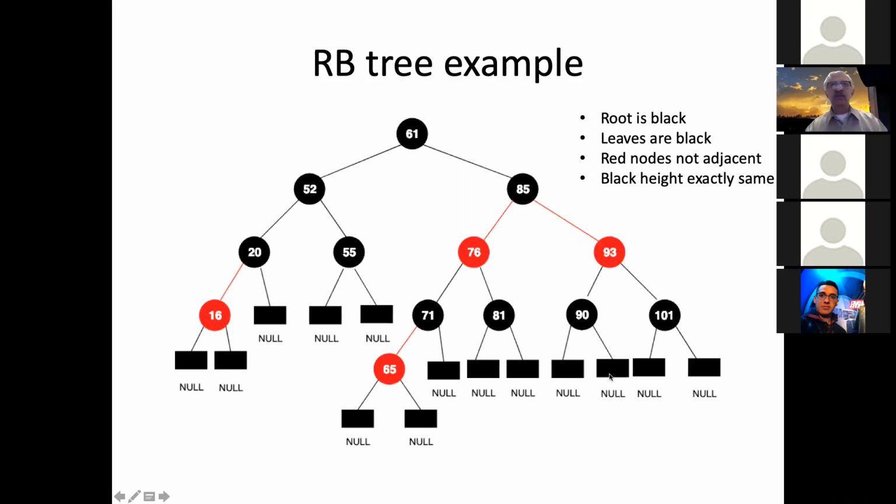So here is the same red-black tree I showed you in the previous picture. Let's try and add some size information to this tree. Which nodes would have size 1? The leaves. So which would be the black ones?